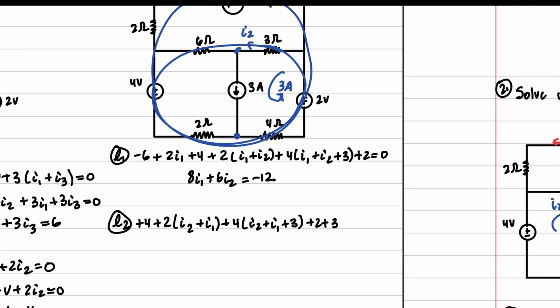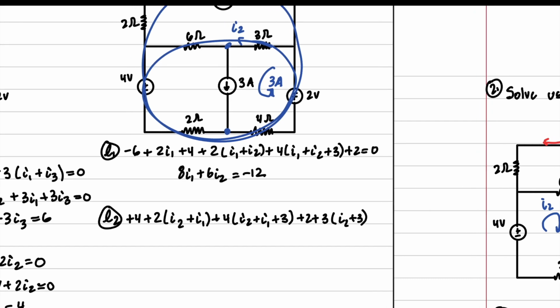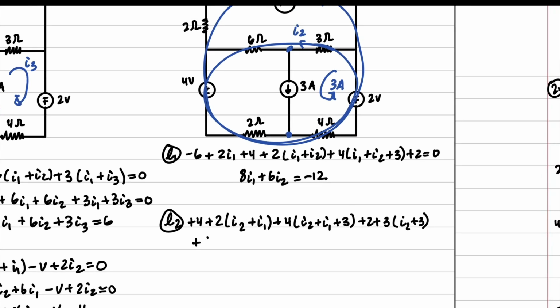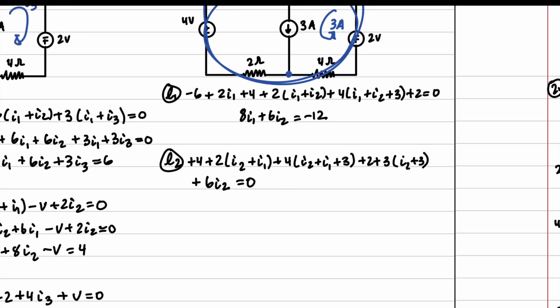Also be careful here, we have 2 currents, I2 and 3, and I'm running out of room here, so plus 6i2 equals 0. And simplifying this guy down, we get 6i1 plus 15i2 equals negative 27.